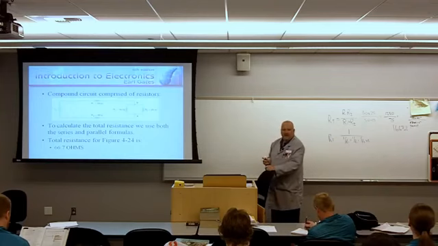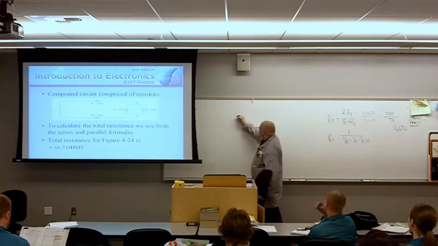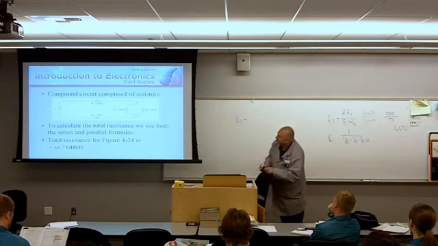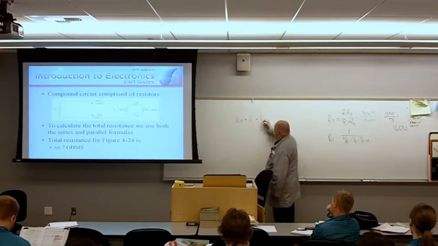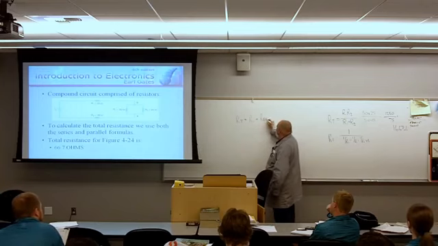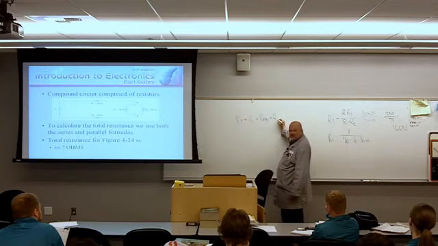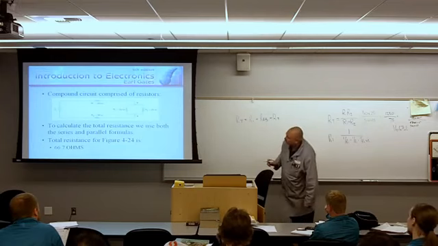the way that I would actually calculate this whole problem is RT for this circuit, total resistance, is going to be equal to the resistance of resistor 1 plus the resistance between node A and B plus the resistance of resistor 4.